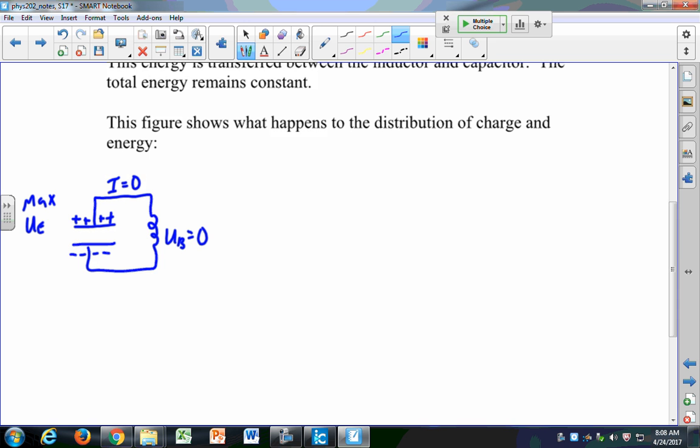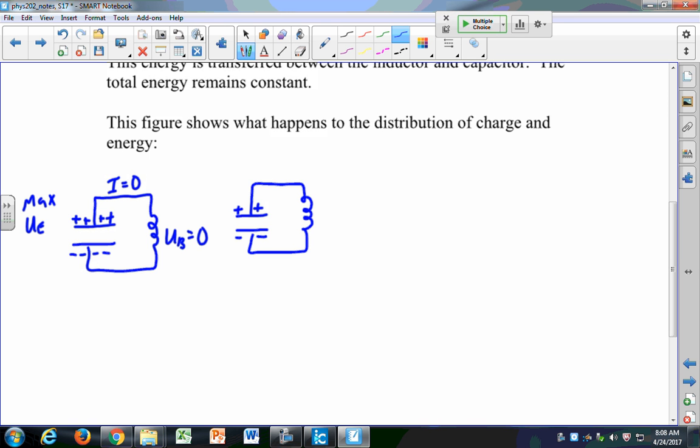Then, as those charges begin to move through the circuit, let's say that I just lost half my charges. So here I have total charge. All the charges are on the capacitor. Here I have, say, half the charges on the capacitor, but the other charges are out moving through the inductor.